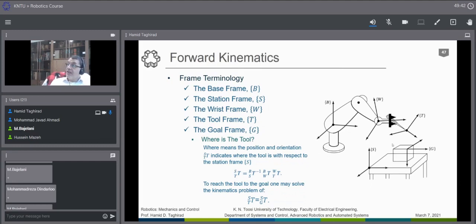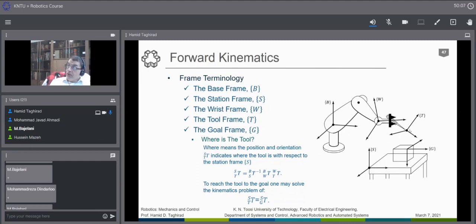As you see, we can go from T to W, from the wrist with some manipulation go to the base, and from the base go to the station. And this should be calibrated quite accurately. Where is the base with respect to the station?